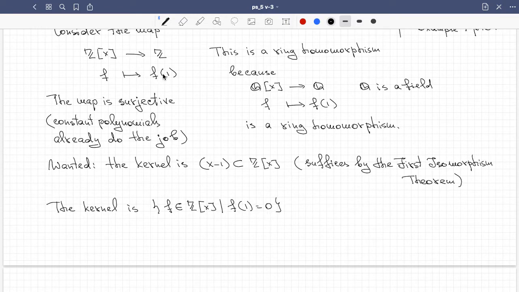These polynomials map to 0. Is this kernel equal to that? Clearly, let me denote this kernel as K. Clearly, the kernel contains this principal ideal.